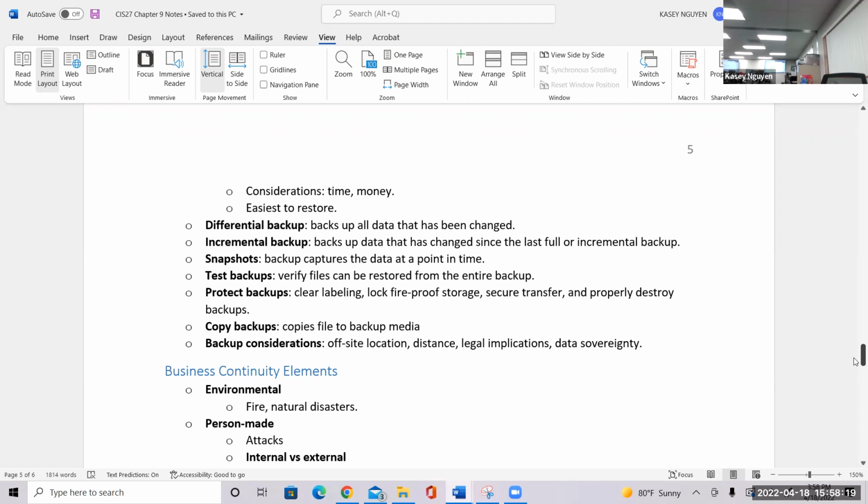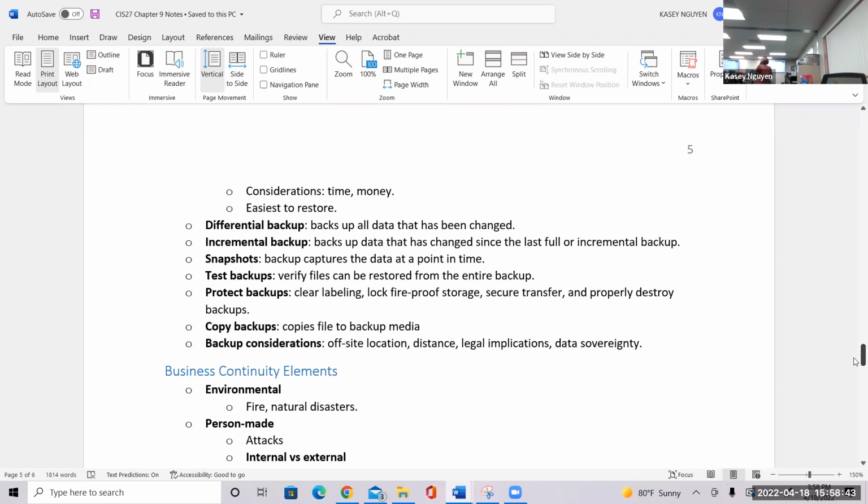The incremental is what has been changed since the last full or incremental. So that means let's say I need to restore on a Thursday. I have to restore the full, the incremental on Monday, the incremental on Tuesday, and then the incremental on Wednesday to get to Thursday.